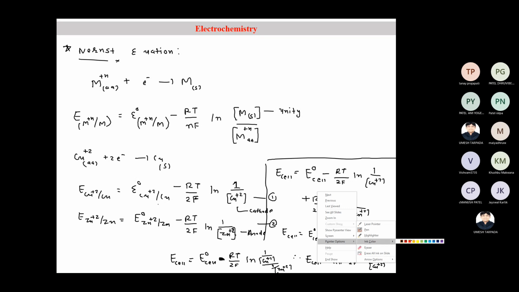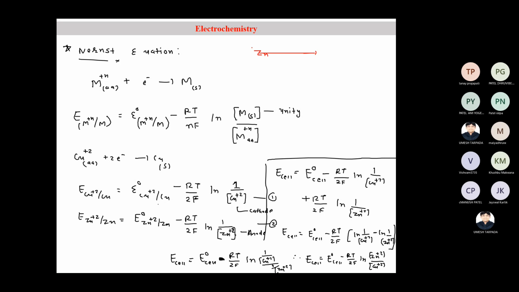You know how to write the overall reaction from these two. So this becomes the overall reaction for the Nernst equation. Zn is oxidized to Zn plus 2 and copper plus 2 is reduced to copper.